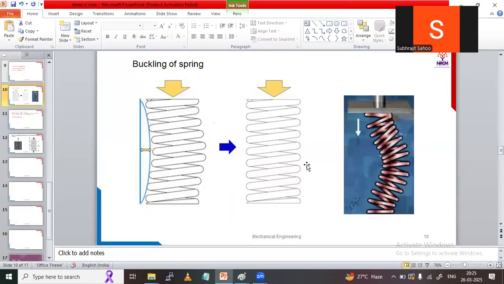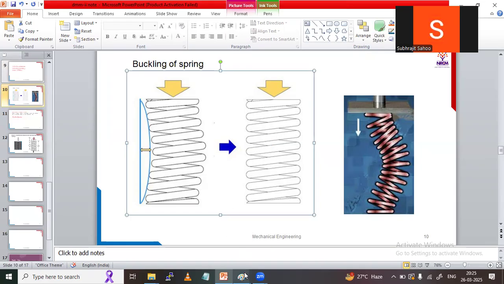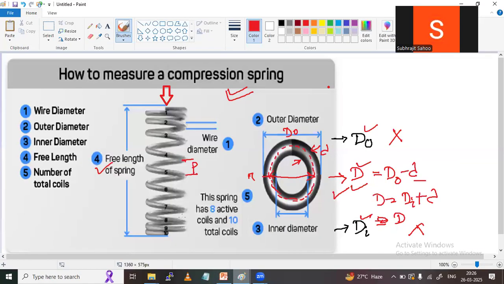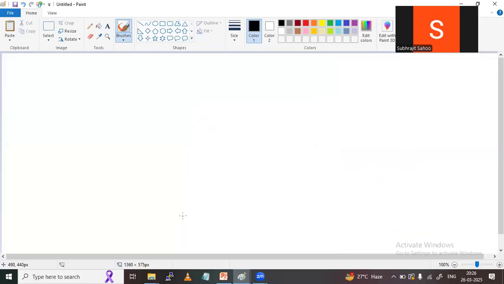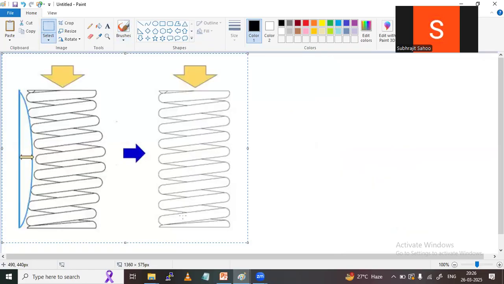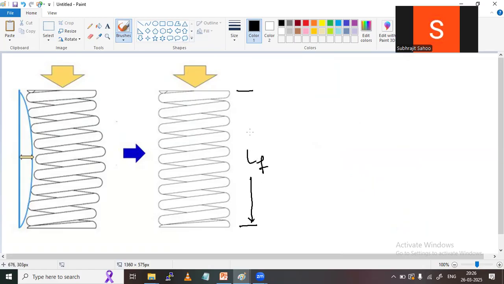Buckling means this bending. Here, the length from here to here is called the free length, LF.